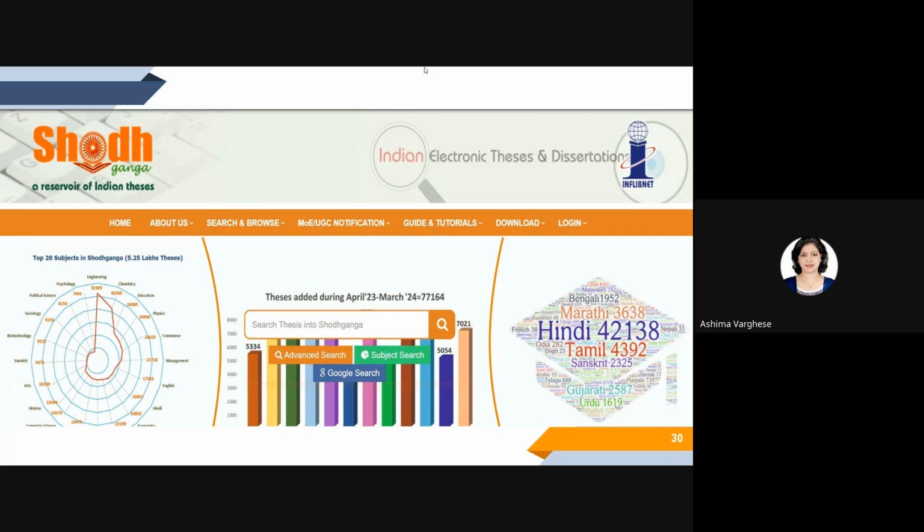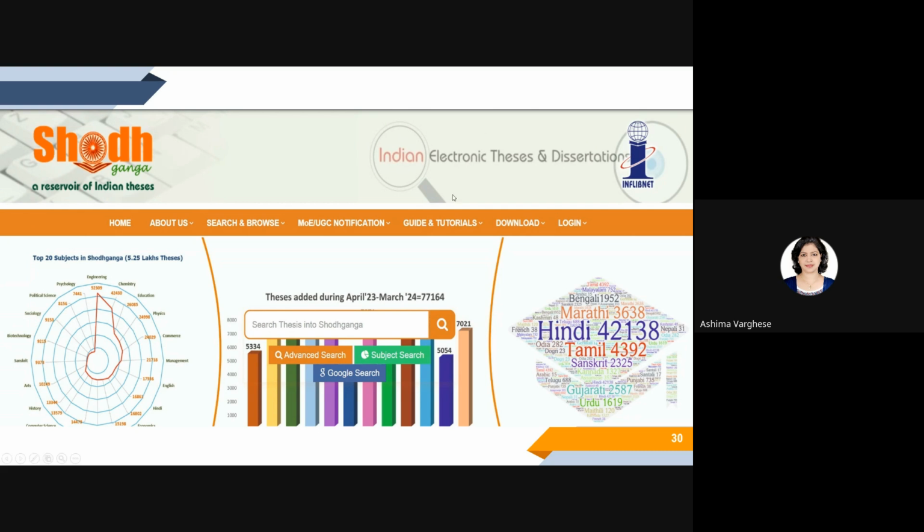On the right, you can see Indian Electronic Thesis and Dissertation in INFLIBNET, which is maintained by the INFLIBNET Centre, an autonomous inter-university center of the UGC, University Grants Commission of India.